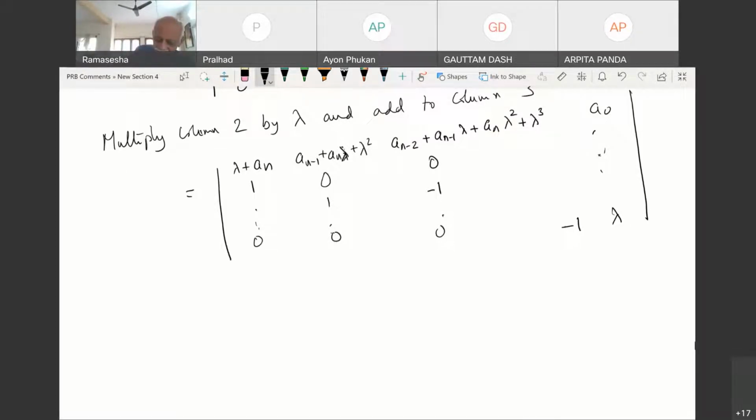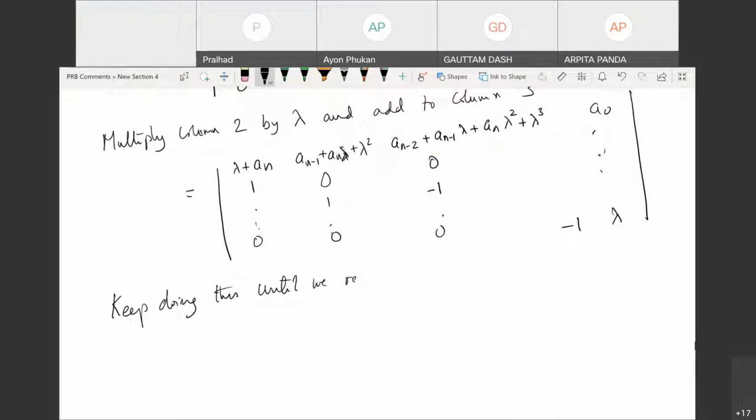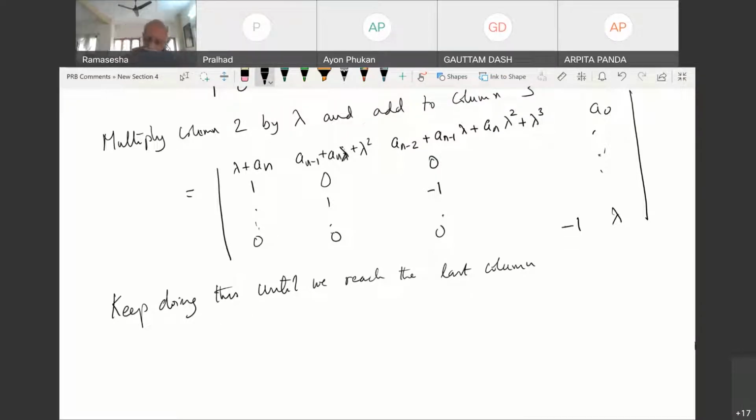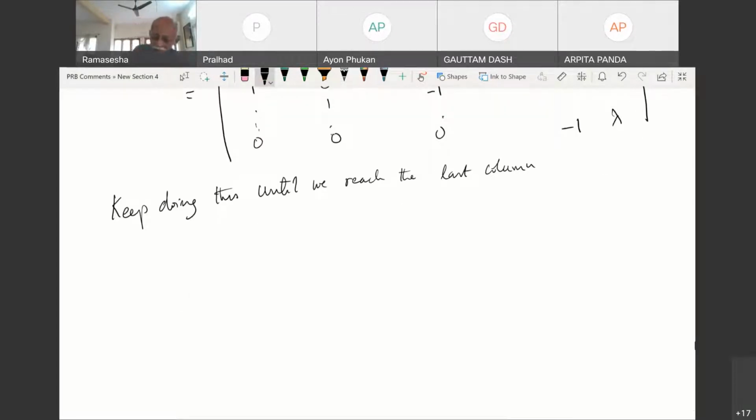So I can keep doing this until we reach the last column. Next, what you will do is you multiply column 3 by lambda and add to column 4 and so on and so forth. So then what you will get is the following. You will get a determinant of the following size type.